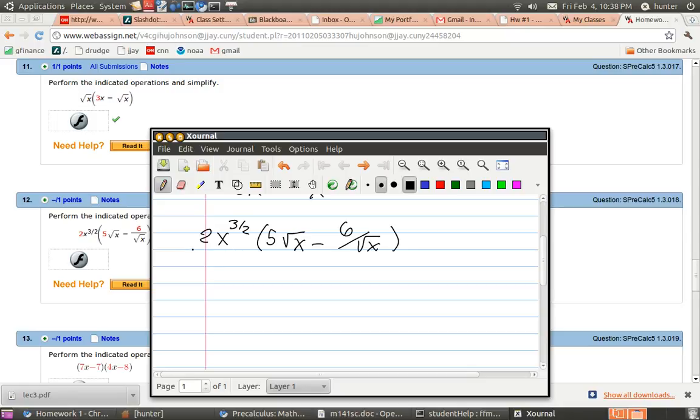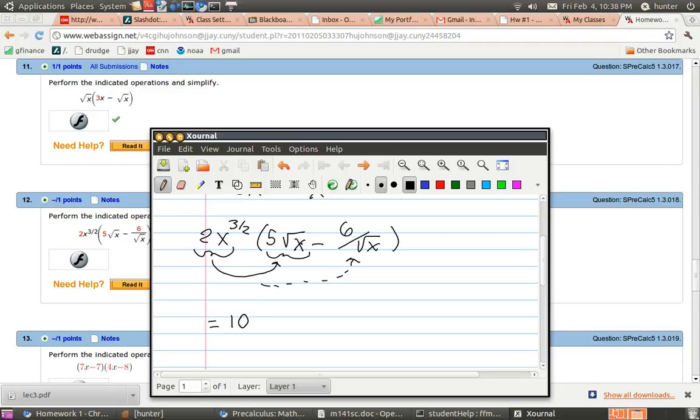Okay, so it's kind of the same trick, right? So let's think about what's going to happen when I multiply this 2x to the 3/2 in to hit this part. Okay, it's going to come in both places, but let's just deal with the first one first. Alright, so the 2 and the 5 are going to hit each other and make 10.